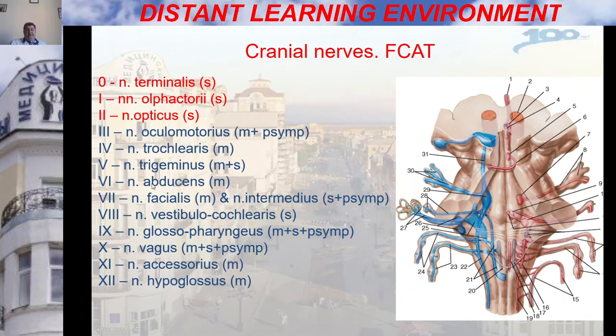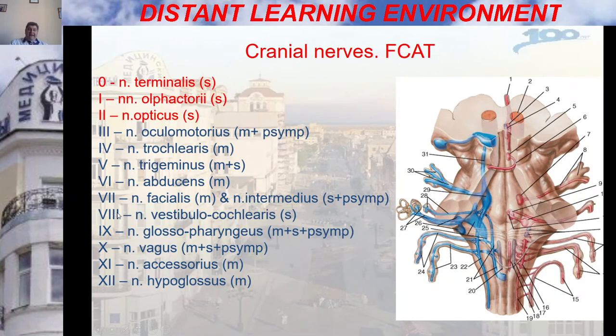The 6th pair is nervus abducens, it contains only motor fibers. The 7th pair contains 2 nerves, the facial nerve and the intermedius nerve. The facial nerve contains only motor fibers, and the intermedius nerve contains sensoric and parasympathetic fibers.